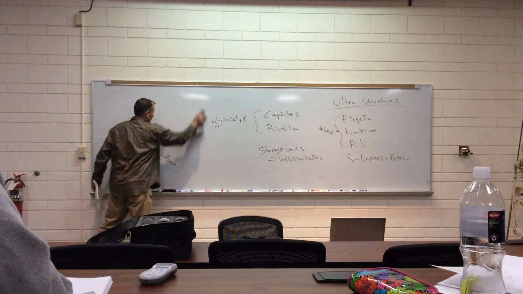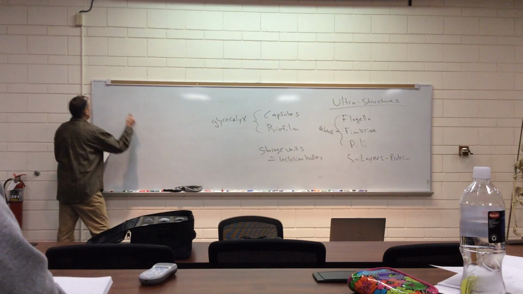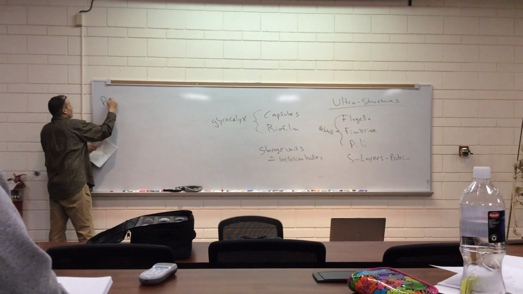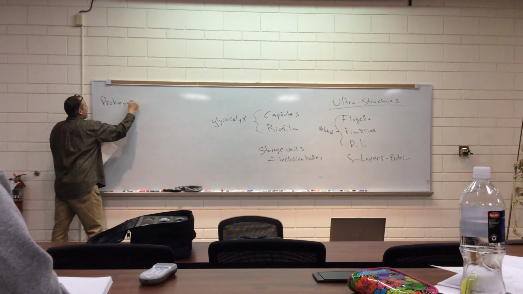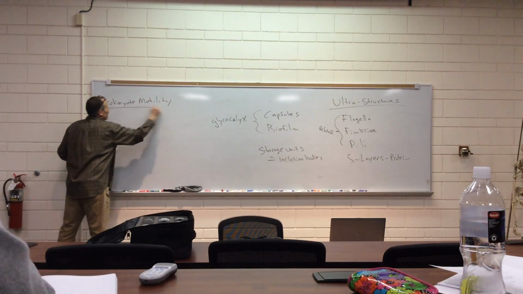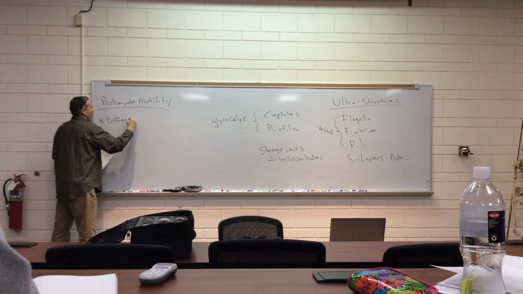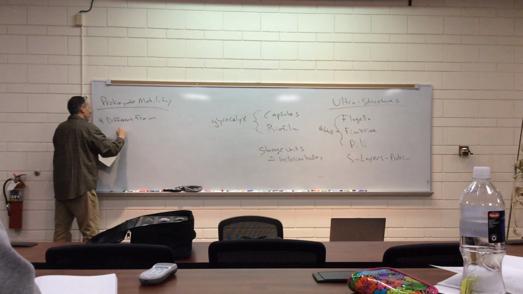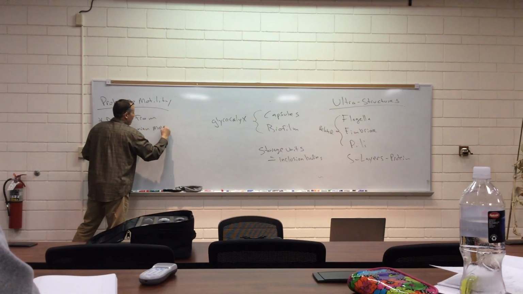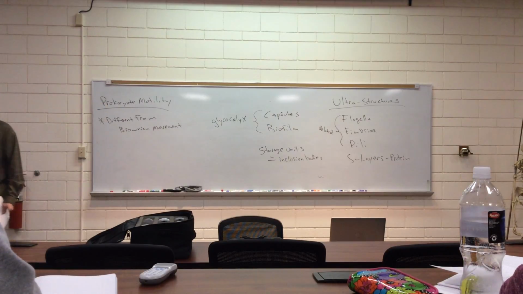So let's start with our flagella first, and then we'll work our way through. First, we have to recognize that there is actual motility in prokaryotes. This is true motility, and it's different from what we call Brownian movement. As you've probably noticed when we stain and look at microbes, we don't put a cover slip on them.